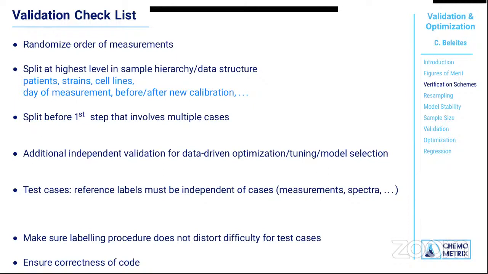If your data analysis includes a pipeline, we will see one later on, then you need to split your test set off before the first step that involves more than one case, that is, the rows of more than one case in your data matrix.